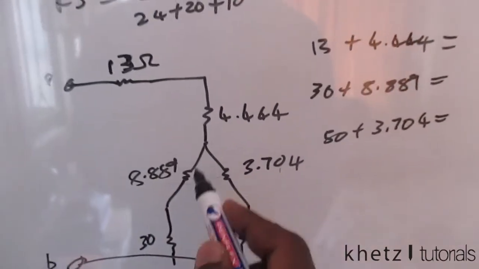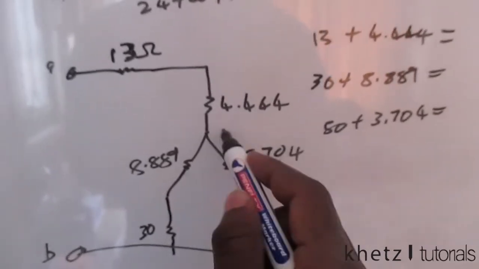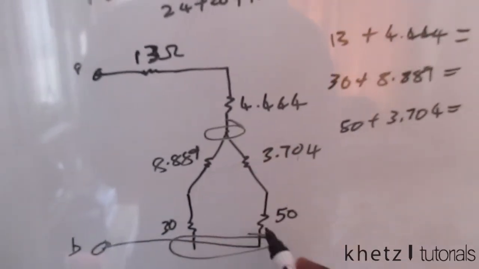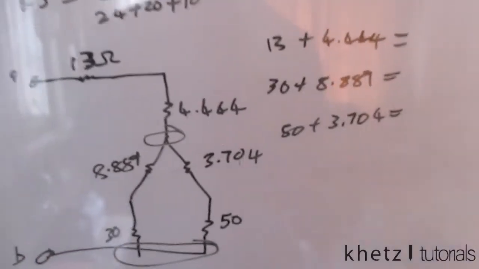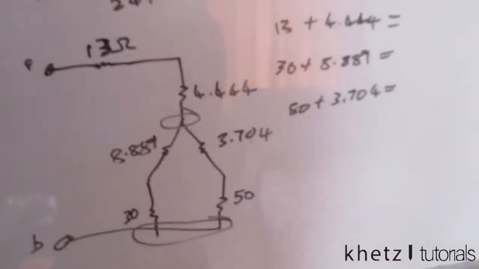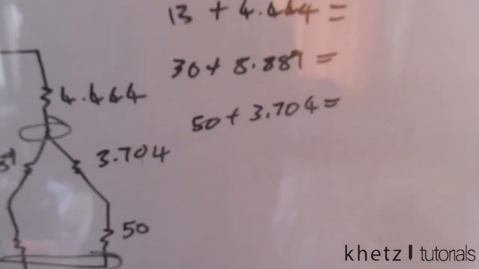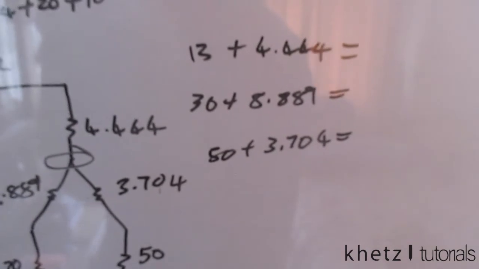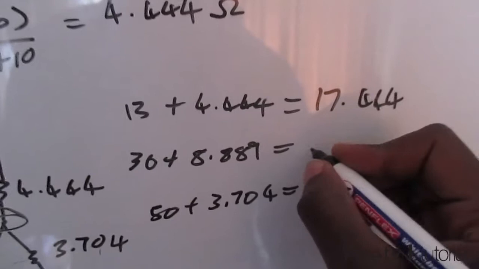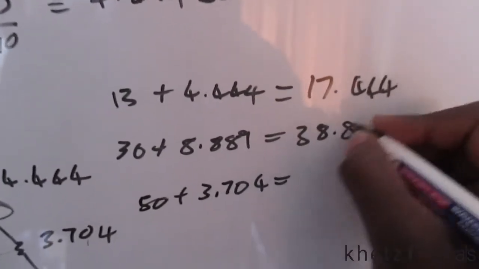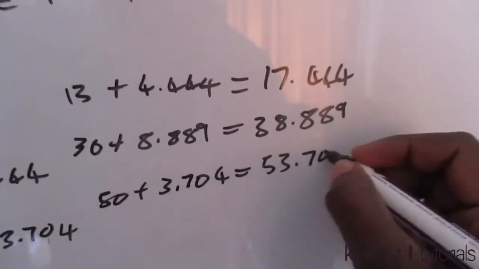As you can see, the result of these two and the result of these two share two nodes, which means these two results are in parallel. So let's quickly add these up. 13 plus 4.444 gives you 17.444, and this is 38.889, and this is 53.704.